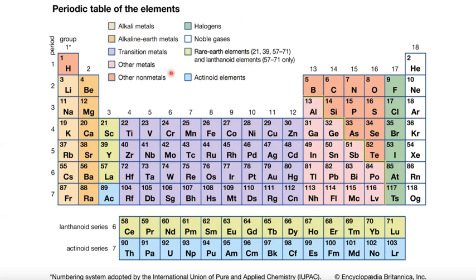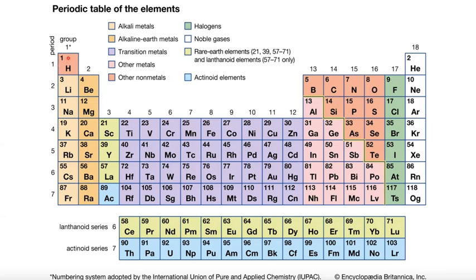And therefore, the periodic table can be said to have periods and groups. Horizontal rows are periods. And we have 1 to 7 periods in the periodic table. Do you see that? And then we have groups. Vertical columns are groups.